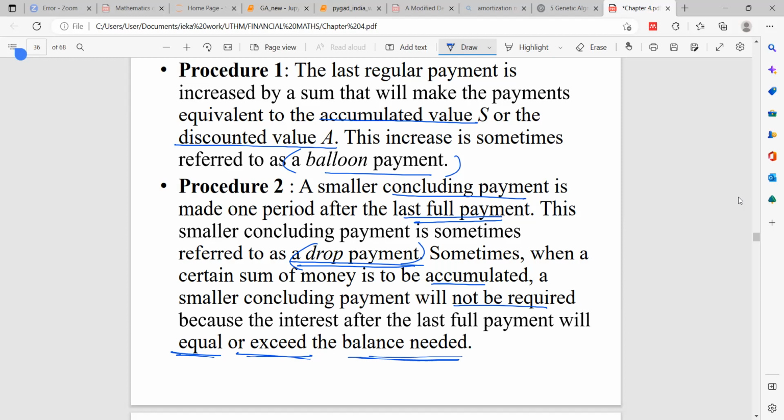So bila last payment tu dah campur dengan interest dah melebihi, nanti kita akan dapat bakinya. Ataupun last payment tu dah campur dengan interest dah kira selesai semuanya, so tak perlu concluding payment.